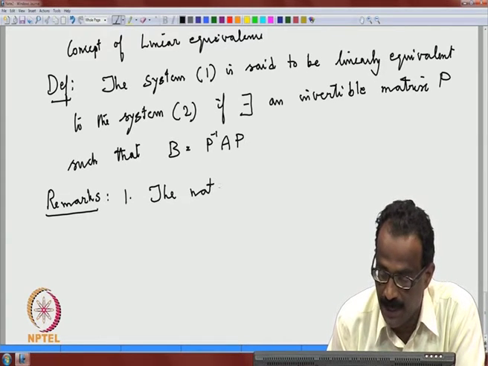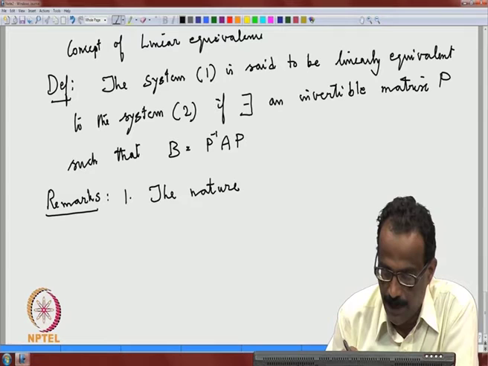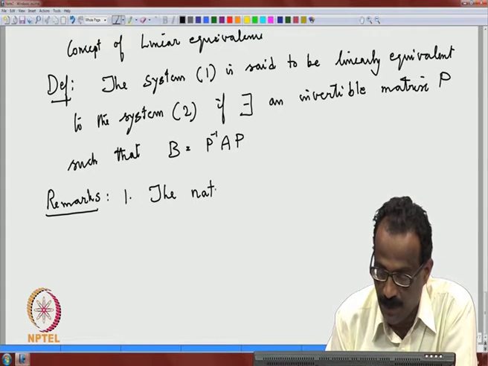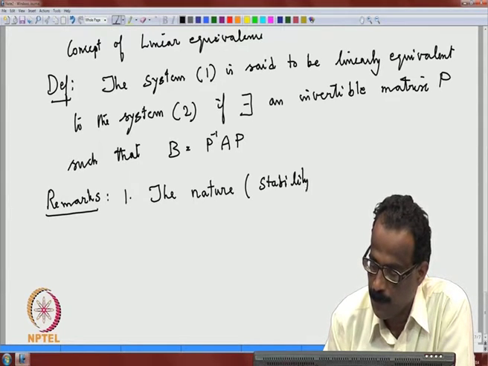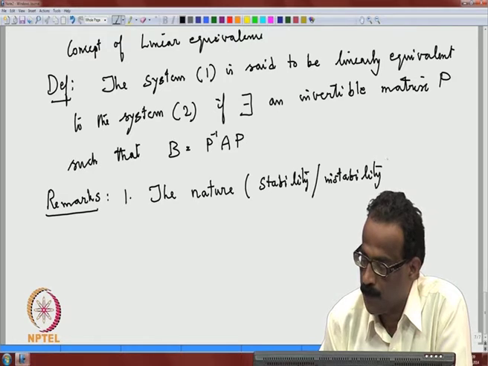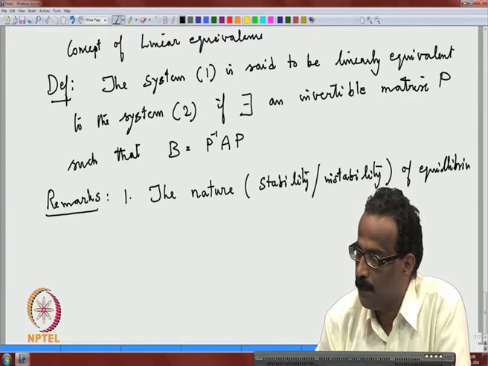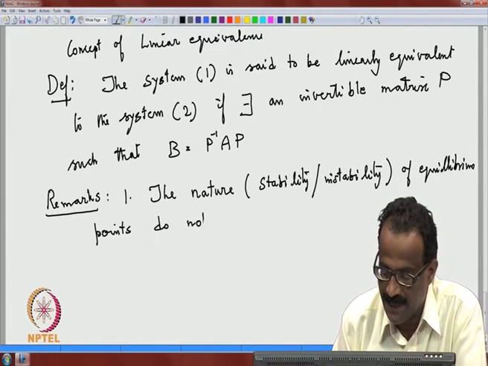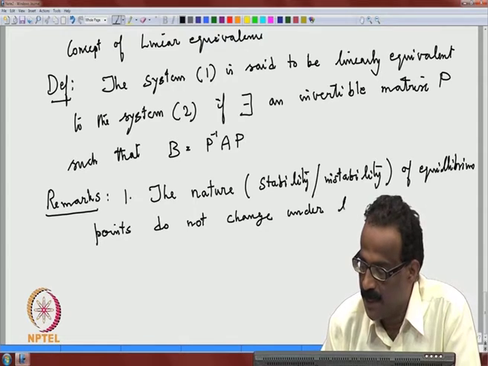The first important property, right now you may not know it, as we have not defined the concept of stability, but the important point which we are going to see is that the nature, for example stability or instability, of equilibrium points does not change under linear equivalence.